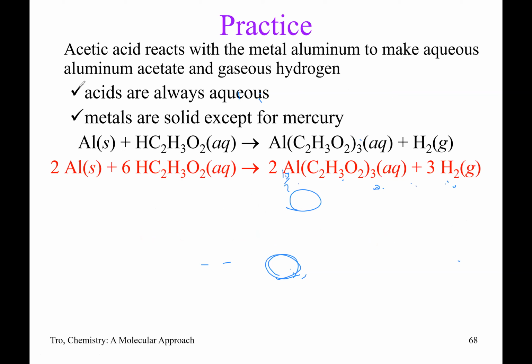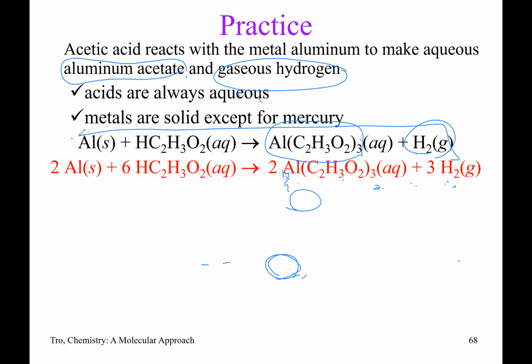But aluminum acetate is something you would expect to know from a previous chapter, because in unit 4 you learned how to write the formula for aluminum acetate, and then you have the hydrogen gas. So basically the reaction is given in words, and you convert to formulas before you start balancing it. So you have aluminum, acetic acid, aluminum acetate, and hydrogen gas.